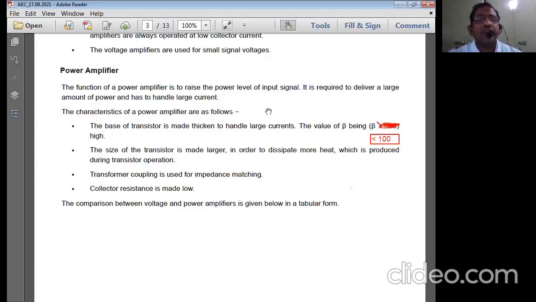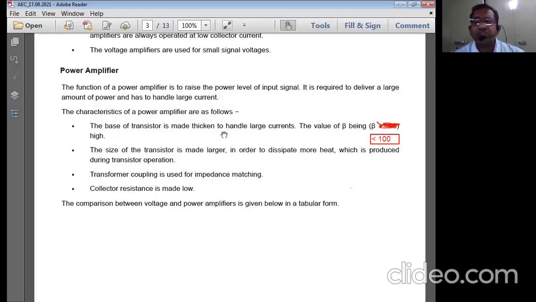Okay. So what are the characteristics of power amplifiers now? What characteristics is it going to have physically? The base of the transistor is made thicker to handle the larger currents. So the input voltage is going to be in terms of volts, say 1 volt to 5 volts. So a 1 volt input signal is going to transmit large amounts of currents.